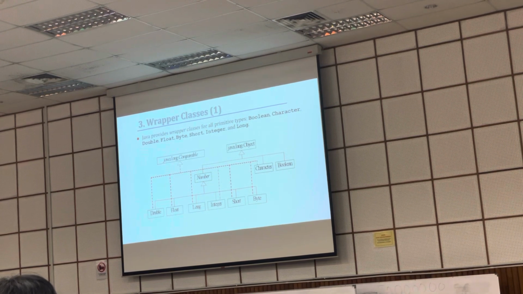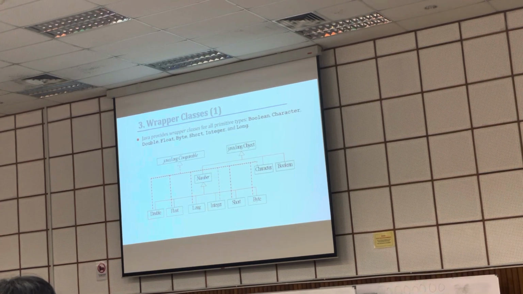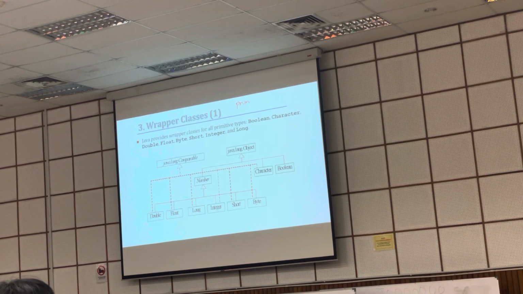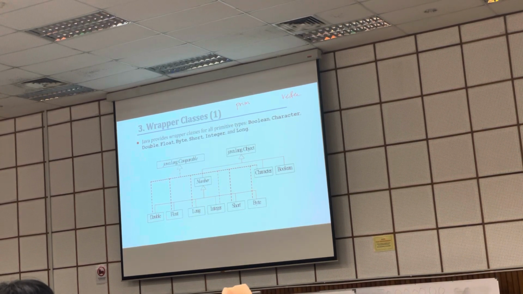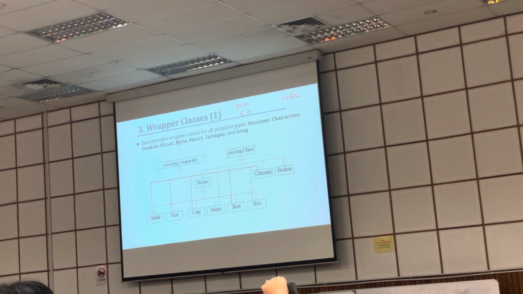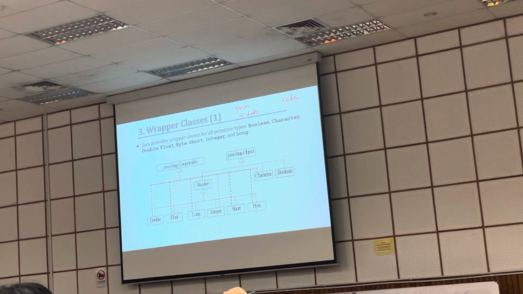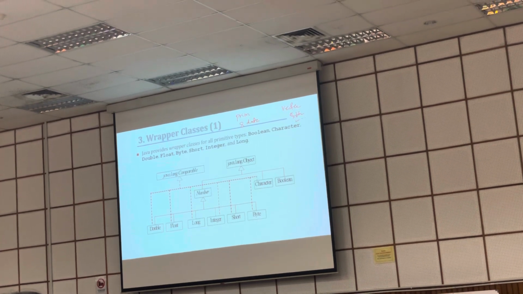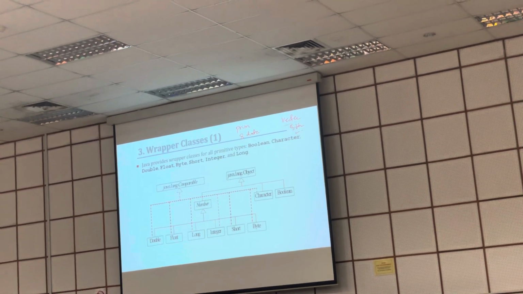Okay. Earlier we already learned about wrapper classes. We learned that we have primitive data types and also reference data types. There are 8 data types under primitive. And we have many reference types: string, date, array are all reference types. But when it's a reference type, we say that it has its own class, right? Okay.